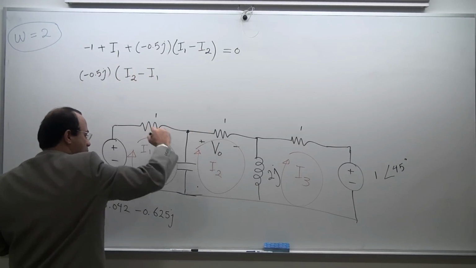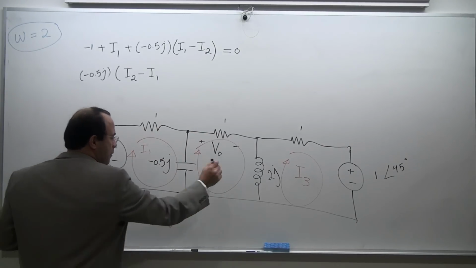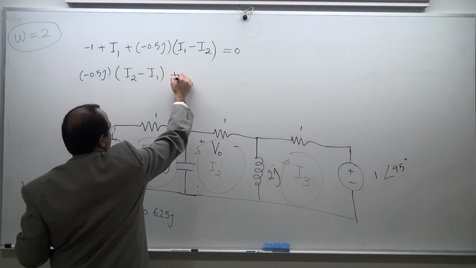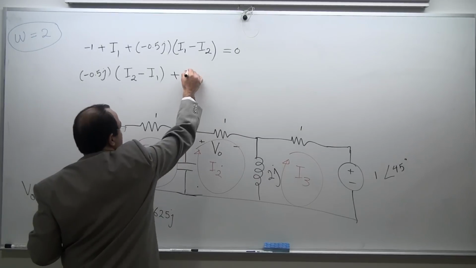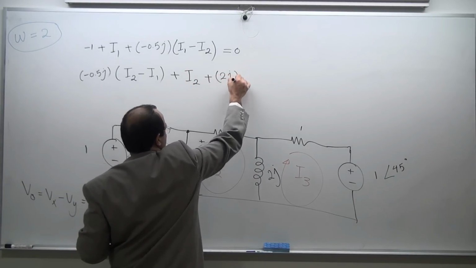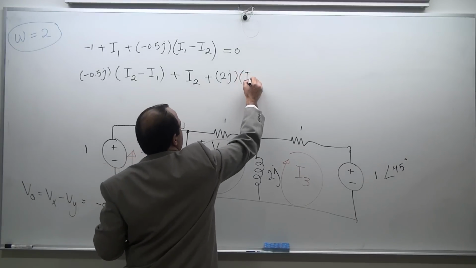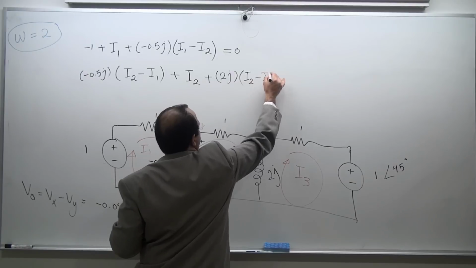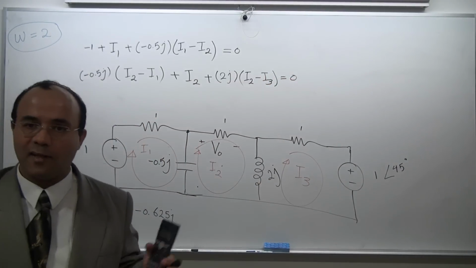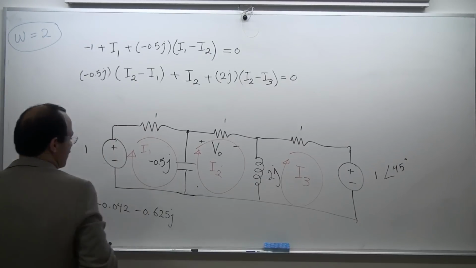I2 is this, I1 is opposing, I2 is the master, I1 is a slave, because my loop is this one. So that's going to be this, and then I'm going to have 1 times I2, and then I'm going to have 2J. Let's put that in the bracket once again: I2, I3. If we assign them clockwise, most of the time they are going to oppose each other, unless I have changed my loop due to the super mesh concept.